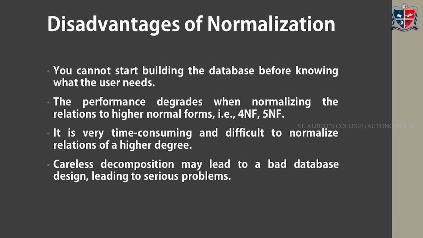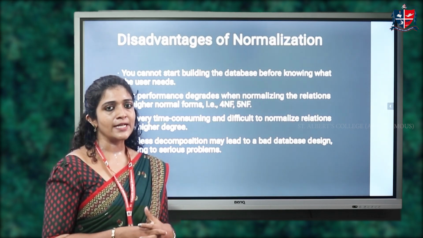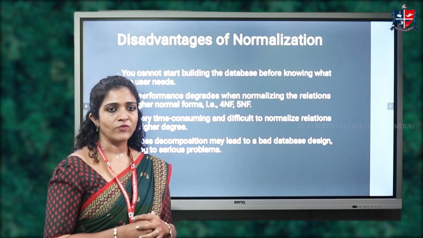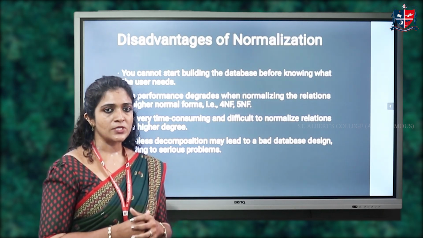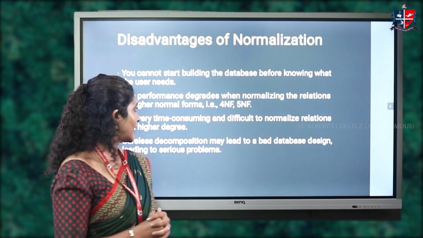The performance degrades when normalizing relations to higher normal forms like 4NF, 5NF, etc. That means when we normalize the tables into higher orders like 4NF and 5NF, it is observed that the performance degrades because of the complexity of the normalization.